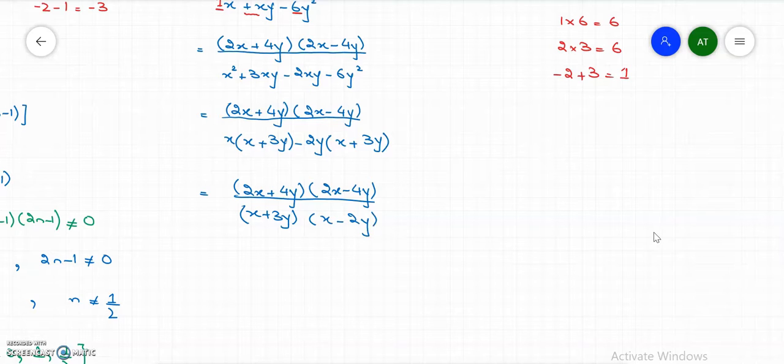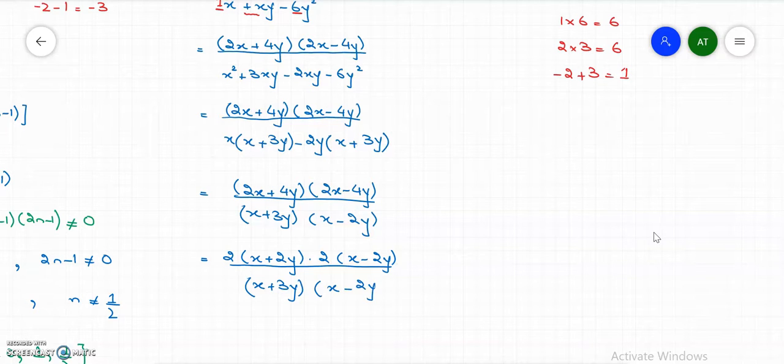Okay, so in the numerator we can further factorize it by taking 2 common. So we can take 2 common from the first factor, it would be x plus 2y, and after taking 2 common from the second factor, it would be x minus 2y, right? And over we have x plus 3y and we have x minus 2y, right?